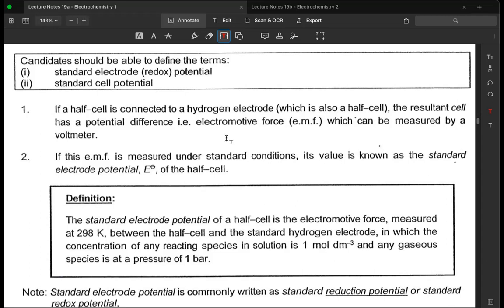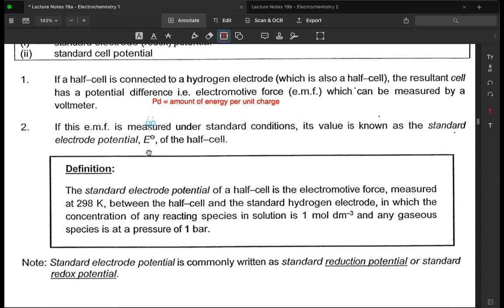You know what I mean? Potential difference in physics is defined as the amount of energy per unit charge. So it's like generating energy. Potential difference equals the amount of energy generated per unit charge by the source. So when you say EMF, it is like energy. When there's a difference in potential, current or charge flows, and EMF is generated in the form of energy per unit charge.